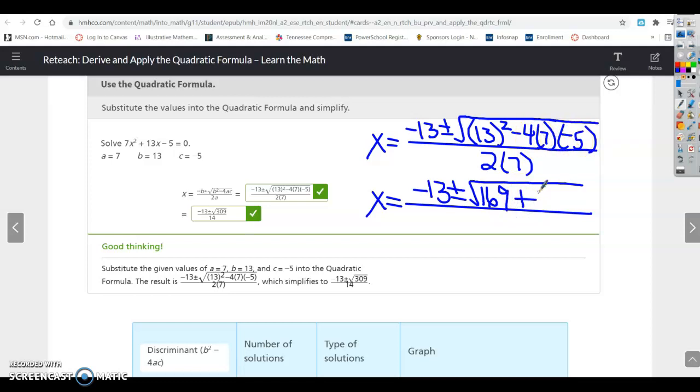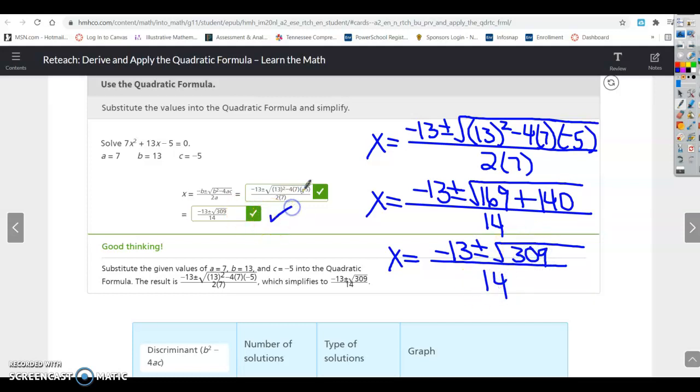And then you've got your 4 times 7 times 5, and that equals 140. And then on the bottom you've got 2 times 7, which is 14. So x equals negative 13 plus or minus the square root of 169 plus 140, which is 309, over 14. So that's how we got this right here.